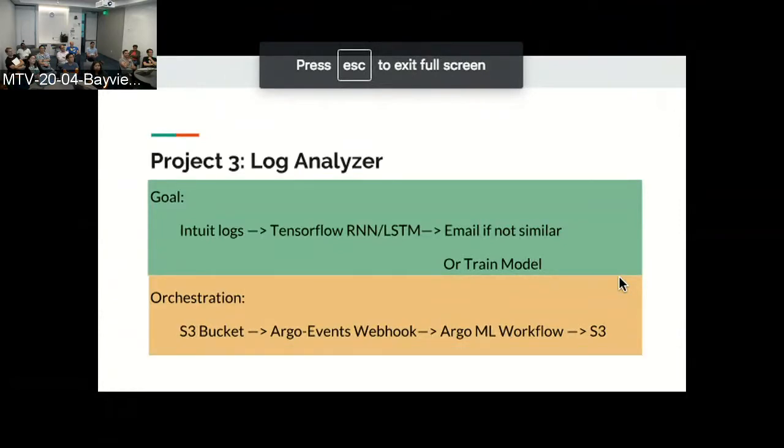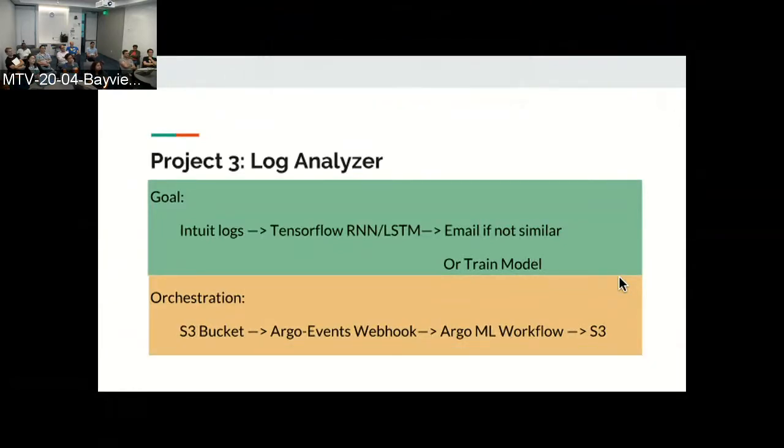The final project we were working on is for training our own ML model for a log analyzer, which would take in Intuit logs, and then through a recurrent neural net, it would see whether the logs match previous logs, based on subsequent wording. If they were not similar, it would email the user.